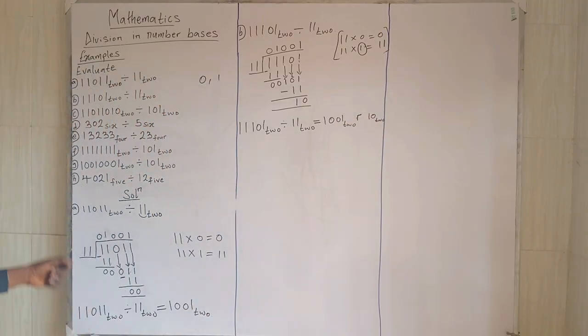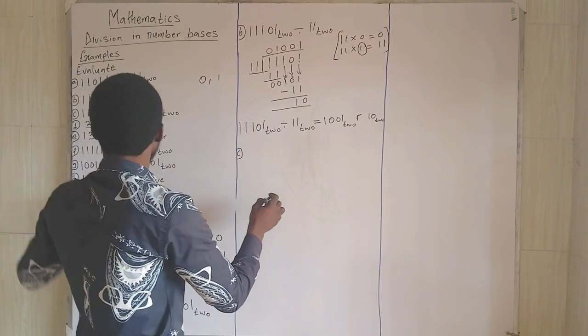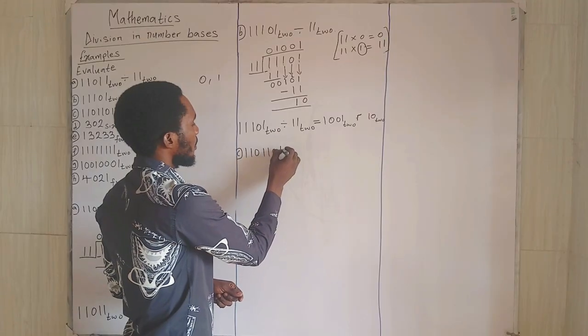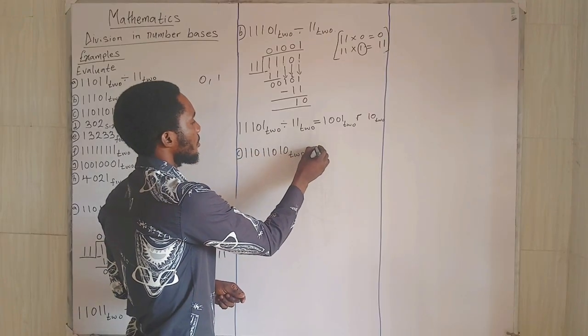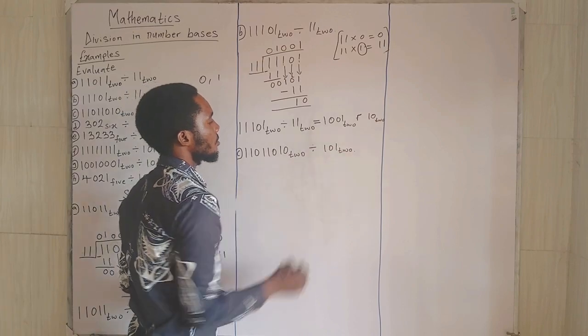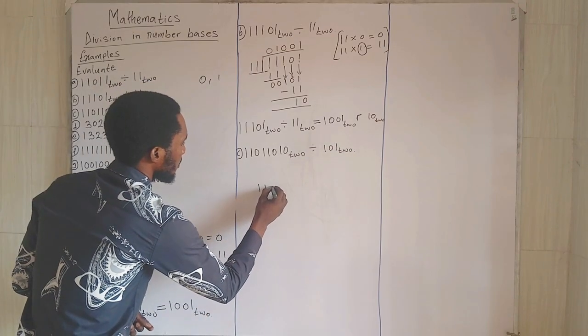Next example. That is 110 base 2 divided by 101 base 2. Long division method.